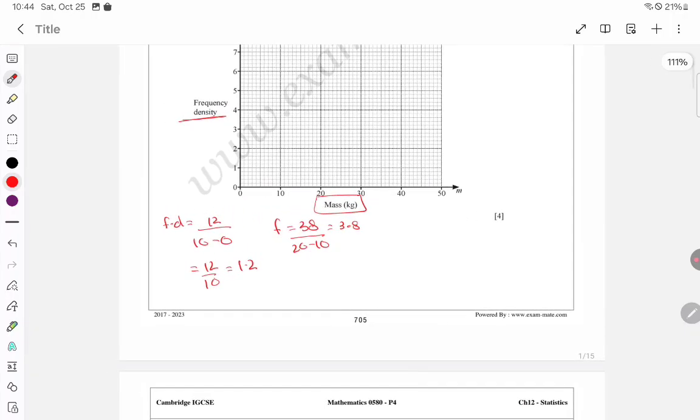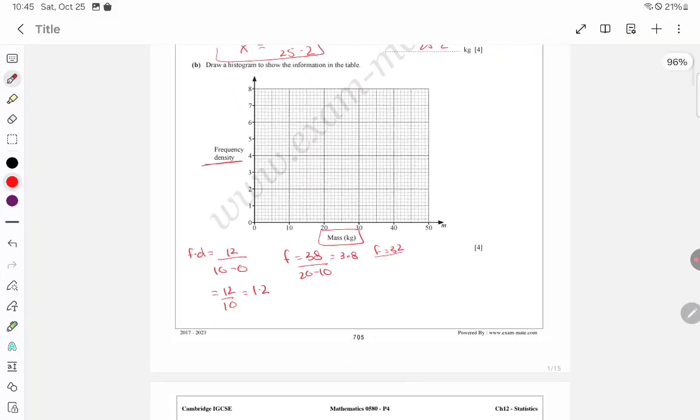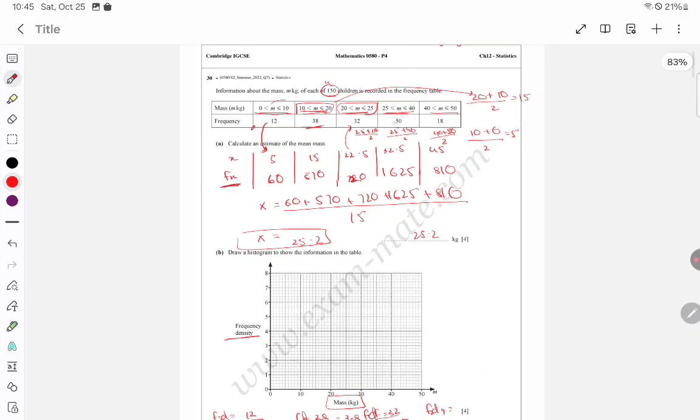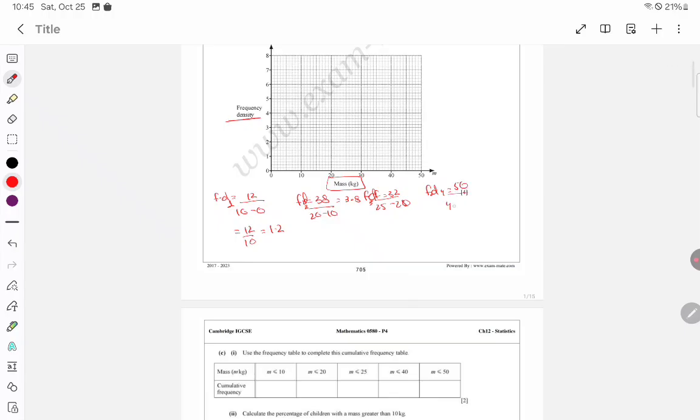For the third one, frequency is 32 over the mass limit 25 minus 20, which is 5. For the fourth, the width is 40 minus 25, which gives you 3.3.